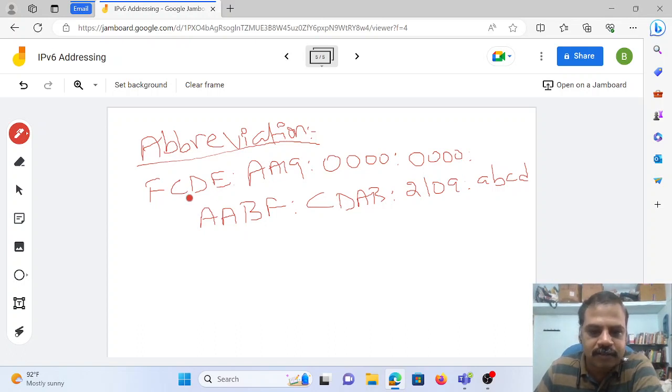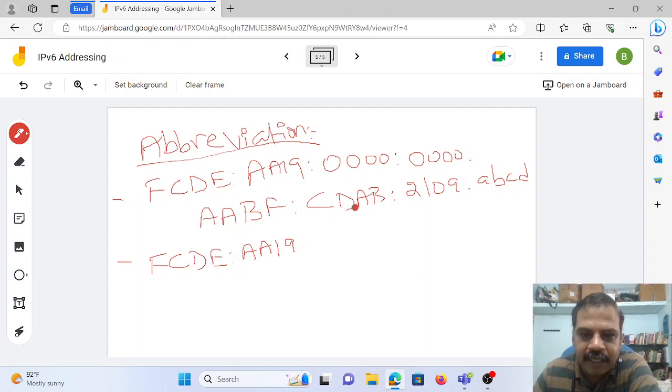So this is the original IPv6 address of a particular interface. Instead of writing this, we can abbreviate it as FCDE colon AA19, and here we have continuous zeros.